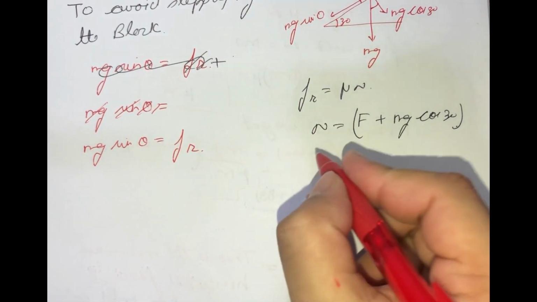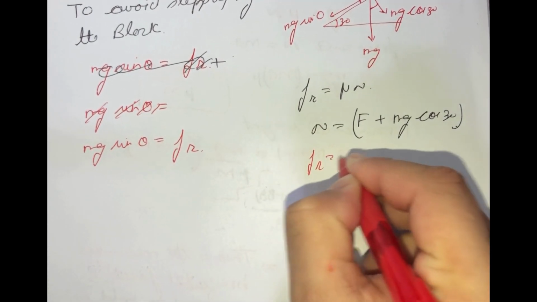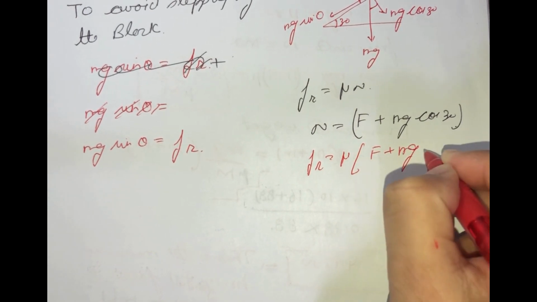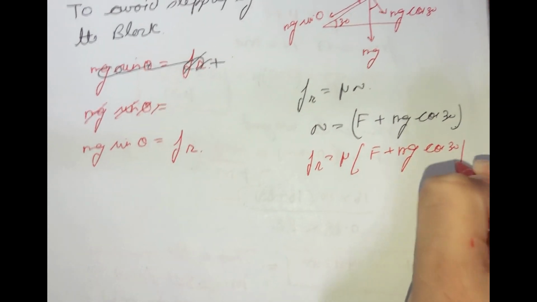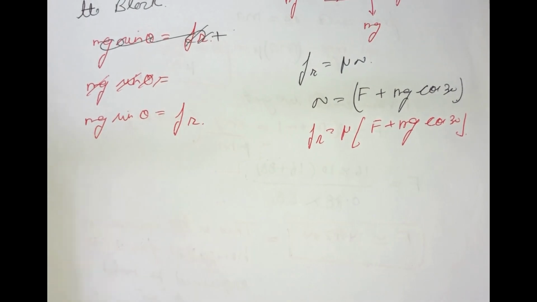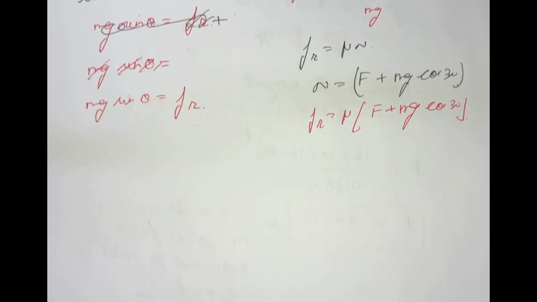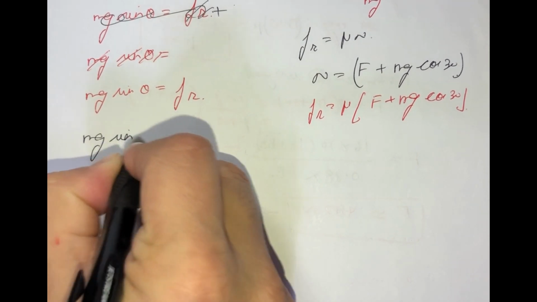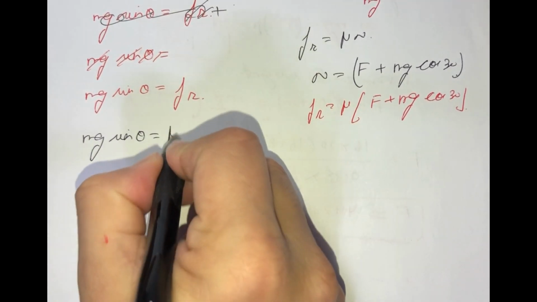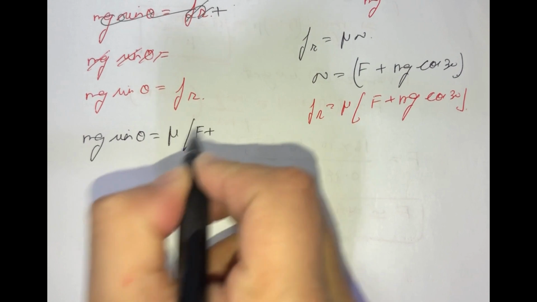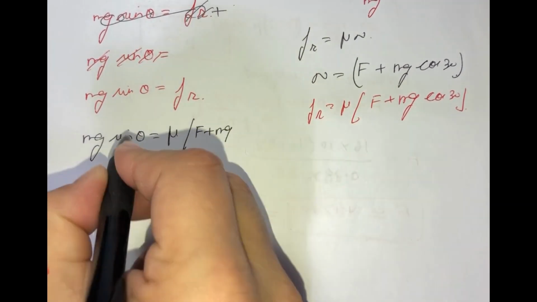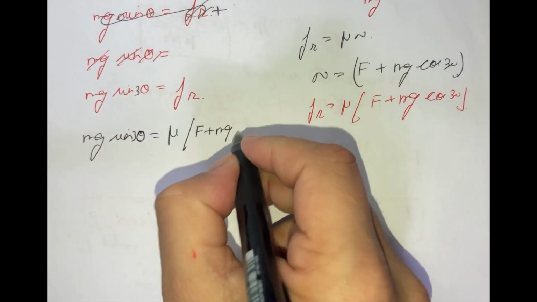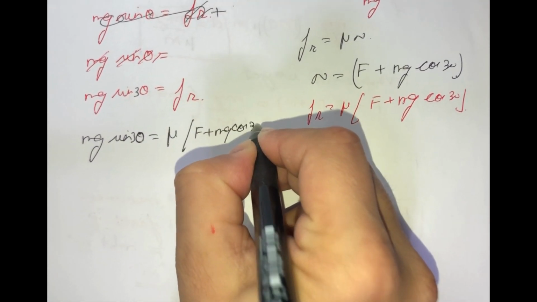So we get Fr as mu multiplied by F plus mg cos of 30. So let us substitute in this equation. We get mg sin of 30 is equal to mu times F plus mg cos of 30.